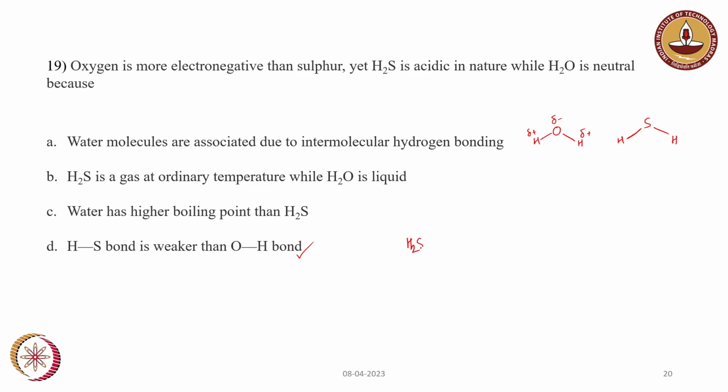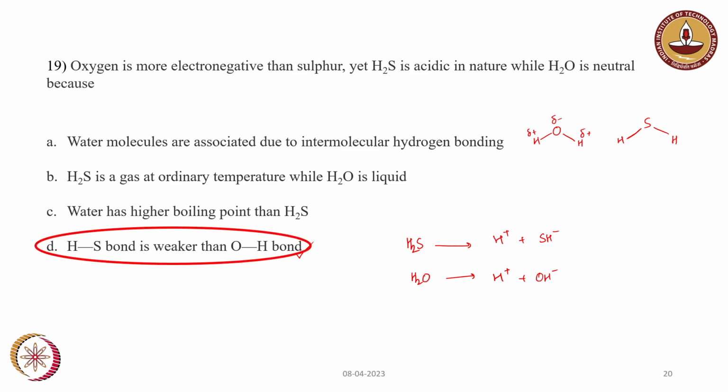So H2S dissociating to give H plus and SH minus is much more feasible than H2O giving H plus and OH minus. So the answer is option D, HS bond is weaker than OH bond.